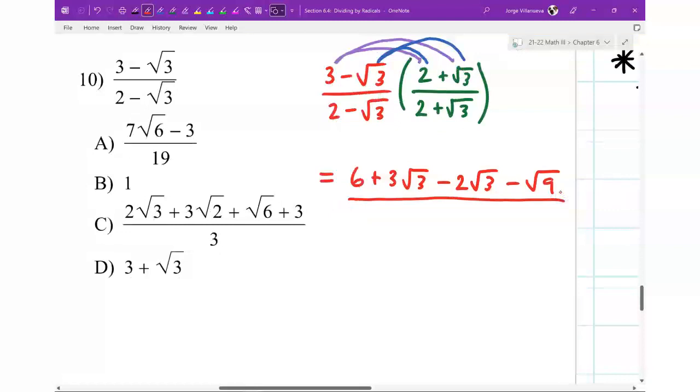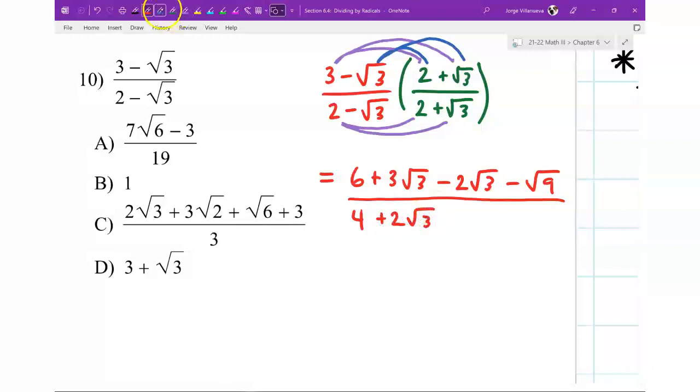All right, now for the bottom. Okay, so I got to do it again, right? So 2 times 2 and 2 times radical 3. 2 times 2 is 4. 2 times radical 3 is a positive 2 radical 3. And then do it again with the blue lines right there.